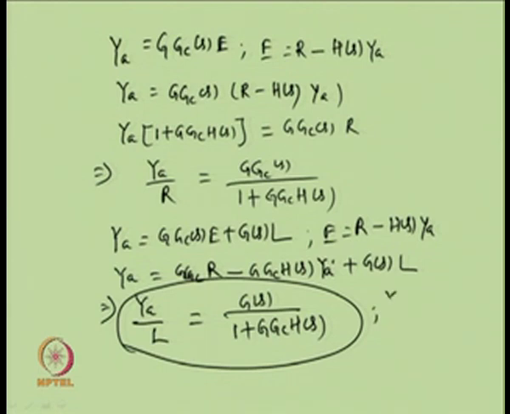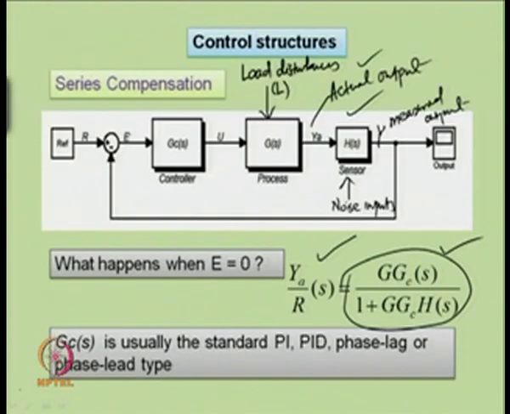We have already found the transfer function y_A upon R as given above. So, we see that y_A upon L, the impact of static load disturbance upon the actual output, can be given by the expression y_A upon L equal to G(s) upon 1 plus G G_C H(s).